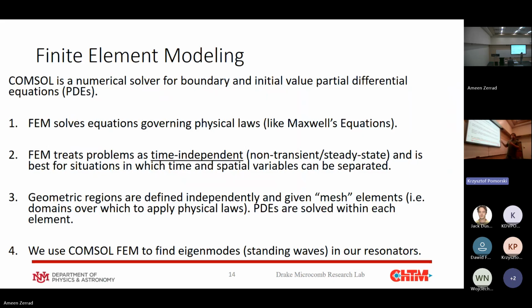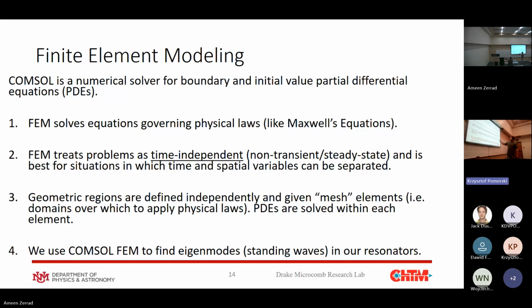So COMSOL is a numerical solver for boundary and initial value problems. What FEM simulations do is solve equations governing physical laws. In our instance, we're interested in Maxwell's equations. It treats these problems as time independent, which implies that you're more or less in a non-transient steady state situation, where it's best used when your time and space variables are separable.